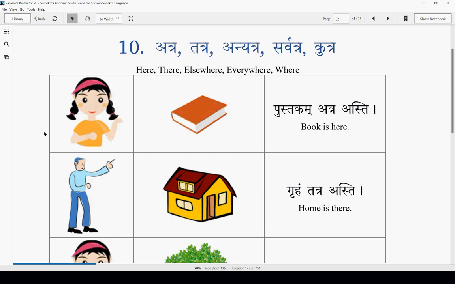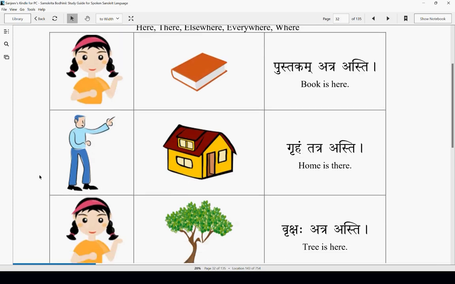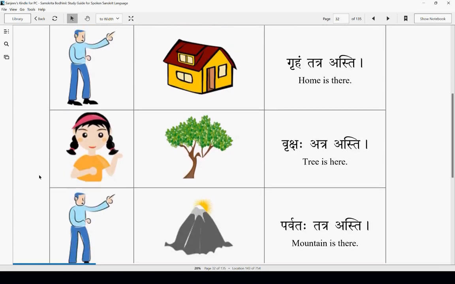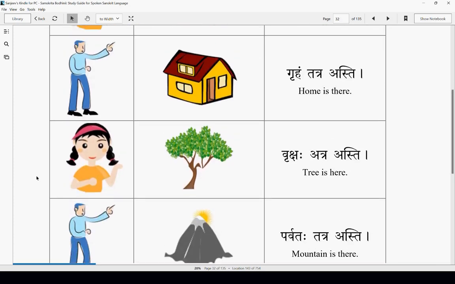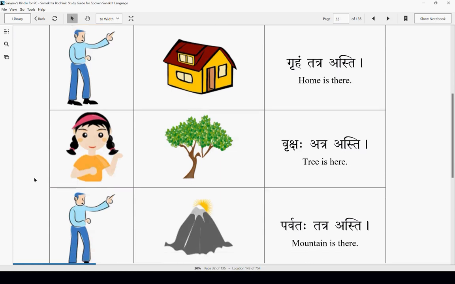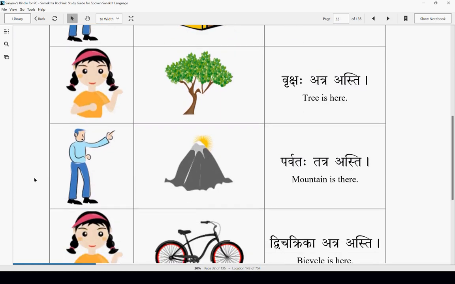Anybody who has not read so far, do you want to read? Ravi Mahoday, can you hear me? Guruji, you want to read? If you're not comfortable, that's fine. I can read. Yeah, sure. Pustakam atra asti. Book is here. Gruham tatra asti. Home is there. Vrikshaha atra asti. Tree is here.